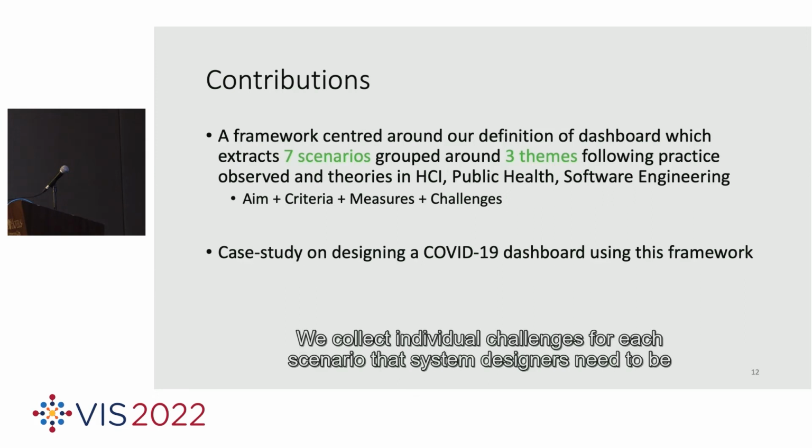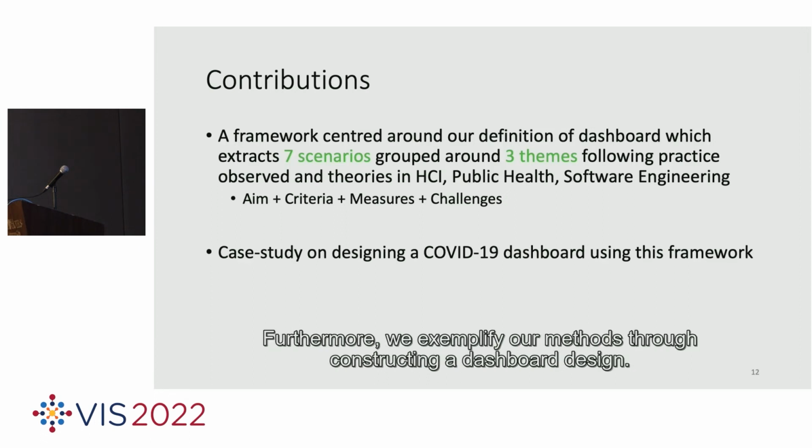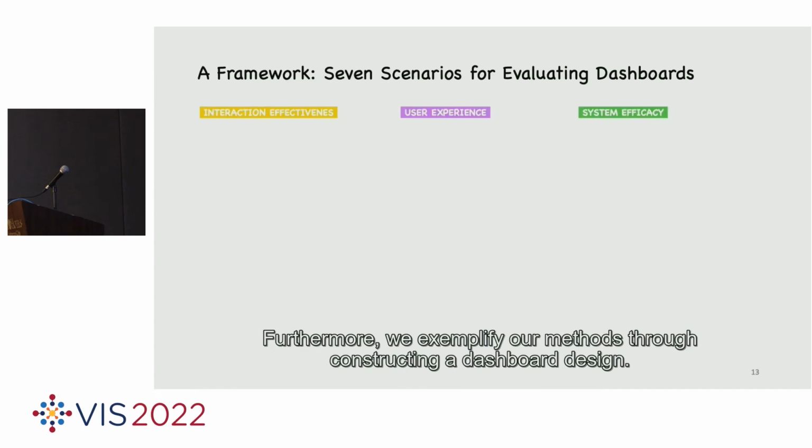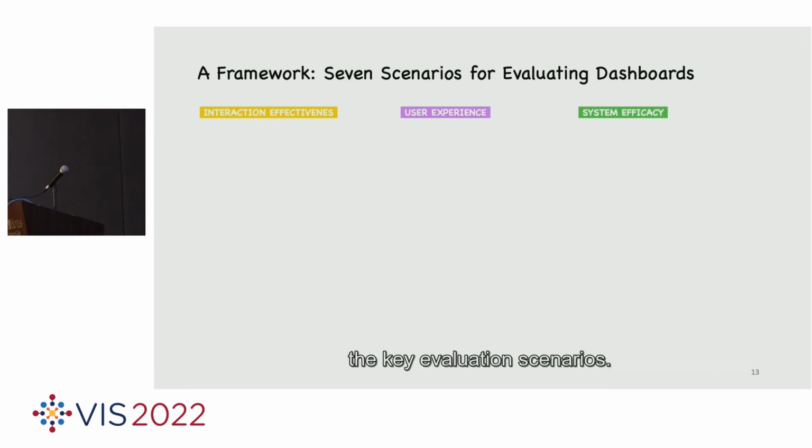We collect individual challenges for each scenario that system designers need to be aware of and potentially aim to address as part of novel research. Furthermore, we exemplified our methods through constructing a dashboard design. In the following slides, we will briefly go through the framework we developed and describe the key evaluation scenarios.